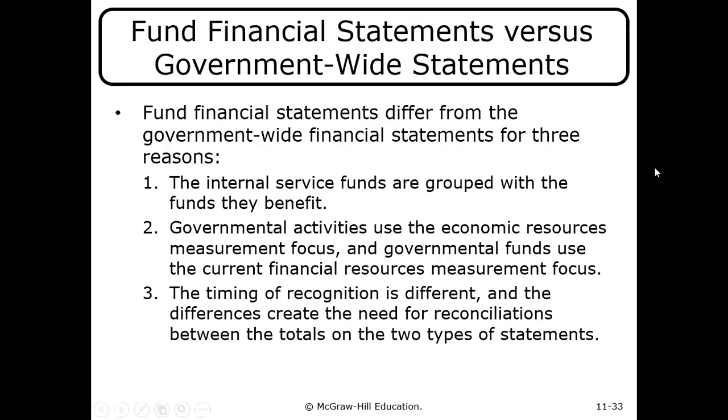So fund financial statements differ from government-wide financial statements for three reasons. Internal service funds are grouped with the fund they benefit. So remember, I said it's like a shared service area. You know, there's one central engineering department that may do work for different activities.